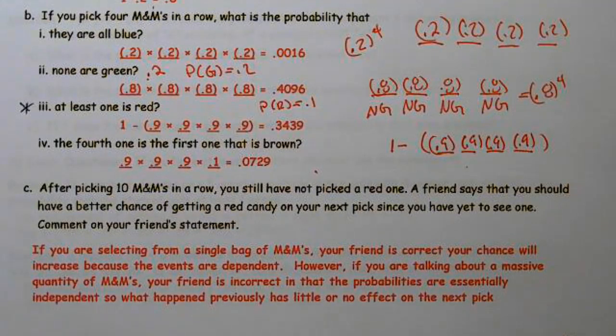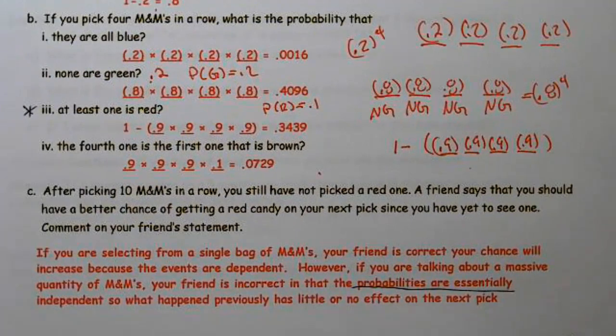However, if your friend's talking about the immense, massive quantity of M&Ms that are ever produced, your friend would be incorrect. Although he's technically correct, we like to say that they're incorrect in that the probabilities are essentially the same. Consider the millions and billions of M&Ms that were created this year.